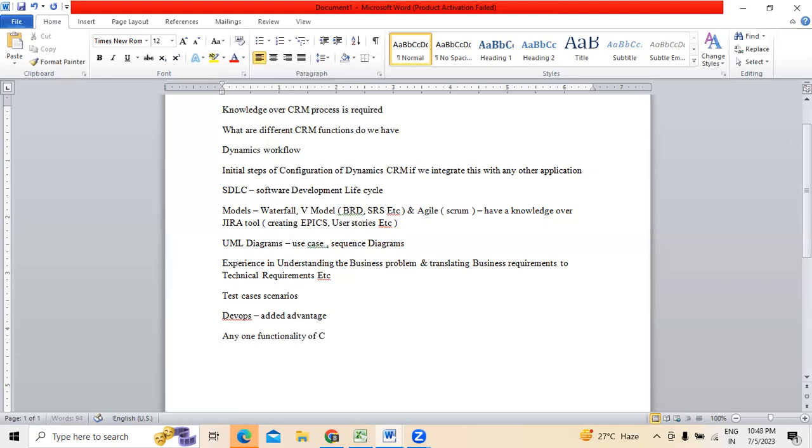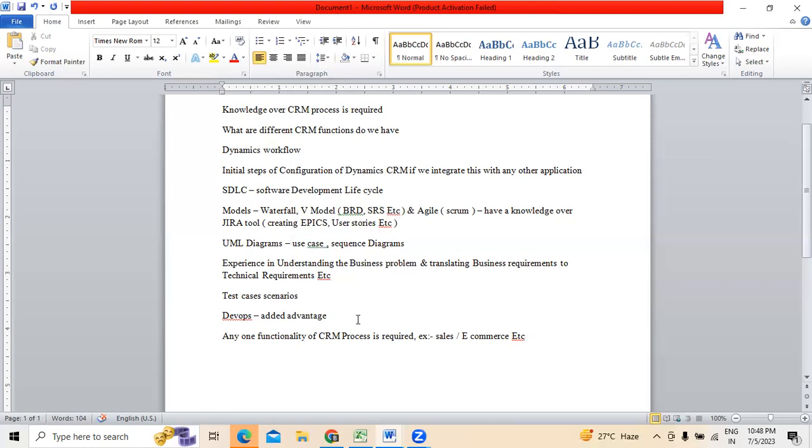At the same time, knowledge of any one functionality of the CRM process is required. For example, it could be sales CRM, or it could be e-commerce, etc. Anyone, because there are a lot of CRM types we have in Dynamics, right? So sales CRM, marketing cloud, e-commerce CRM. We have different CRMs.